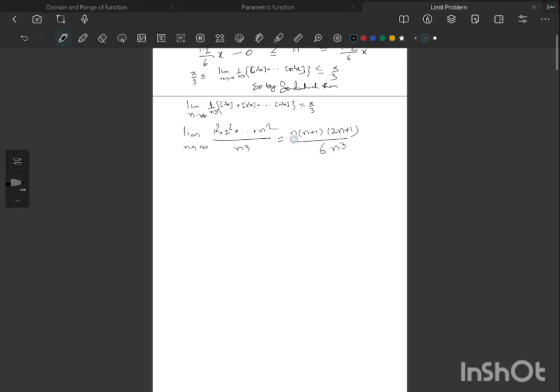Take n cube common out: 1 plus 1 by n, 2 plus 1 by n, and take the limit as n tends to infinity, so it becomes 1 into 2 divided by 6, that means 1 by 3.